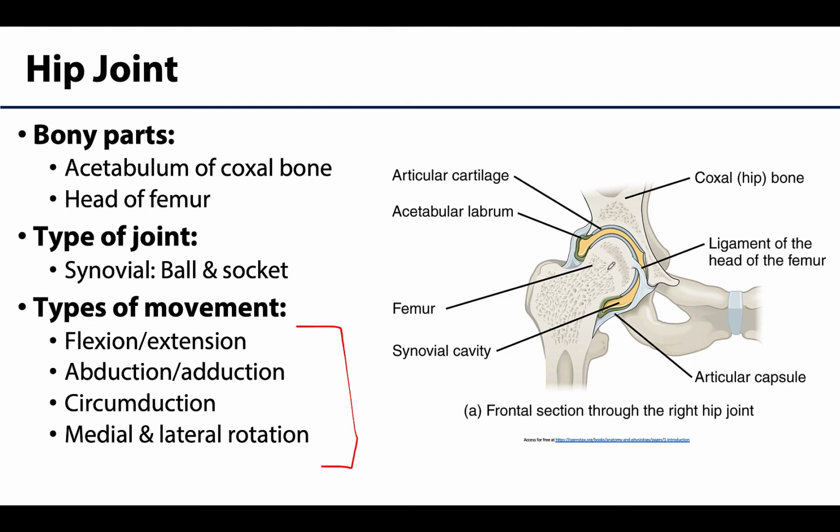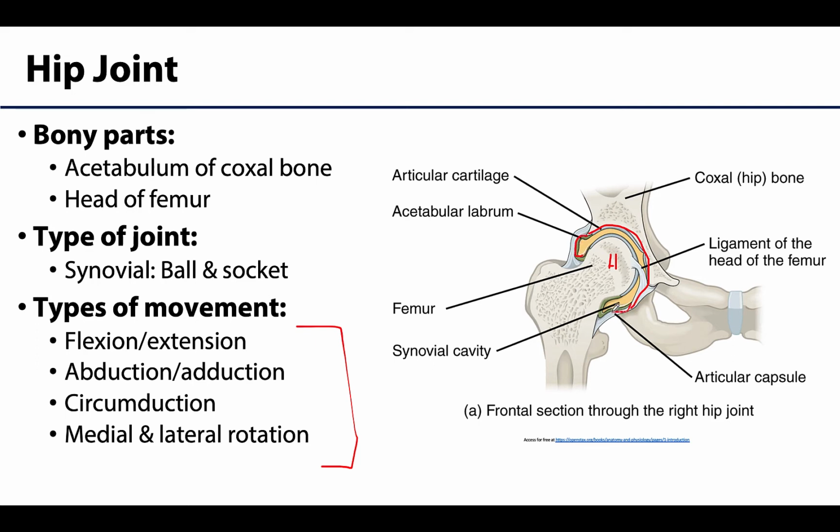This is going to be formed by the head of the femur, which is comparatively larger than what you had in the humerus. But what's really quite different is the depth of the acetabulum of the coxal bones. And recall that the acetabulum is formed by the fusion of those three bony parts, the ilium, the ischium, and the pubis. Additionally, you'll also have a fibrocartilaginous lip, or a labrum.